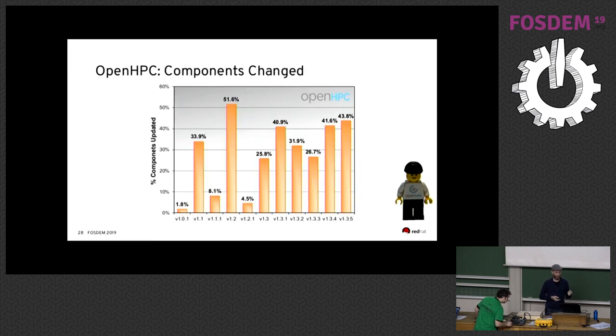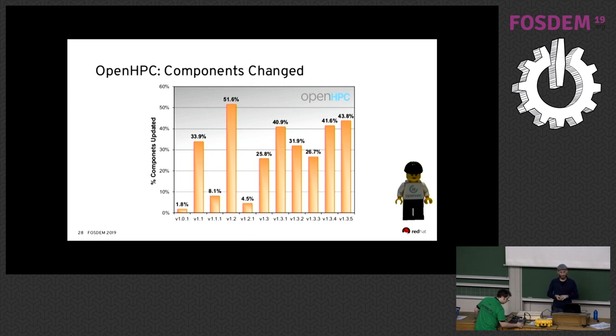The next diagram is about how many components change between the releases, so basically which packages are updated. The small changes are always only really minor releases, but on the normal releases we get like 30% package updates.